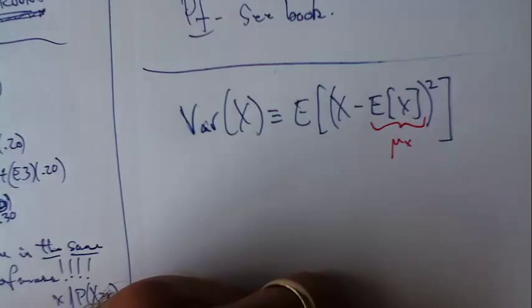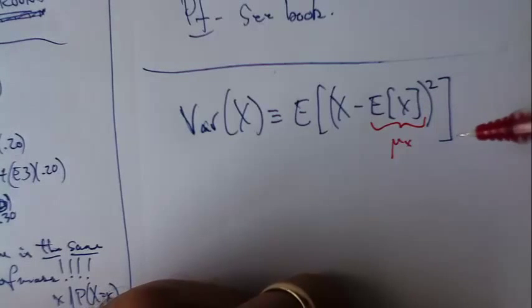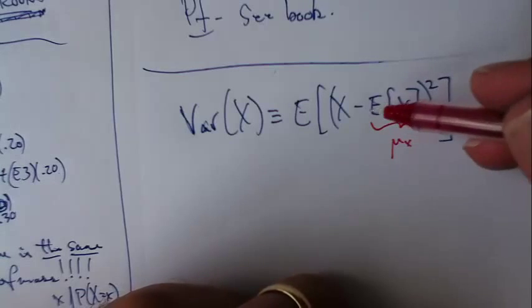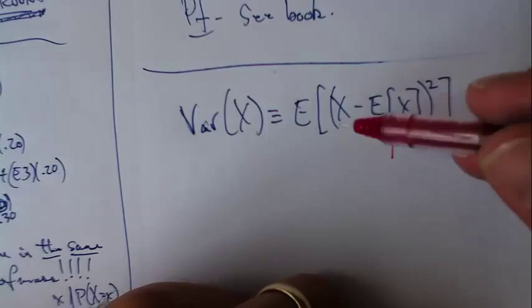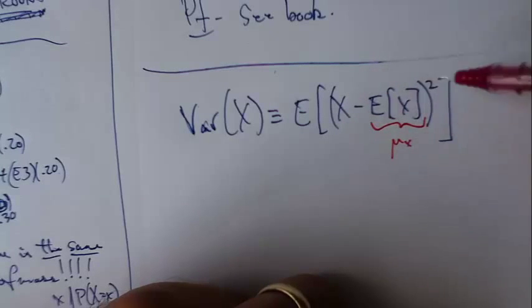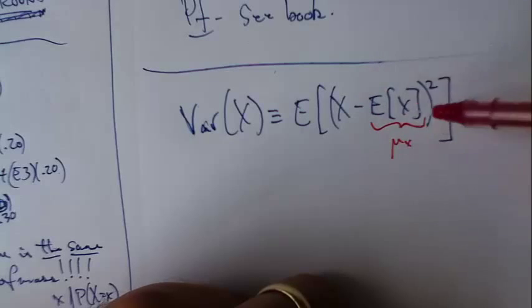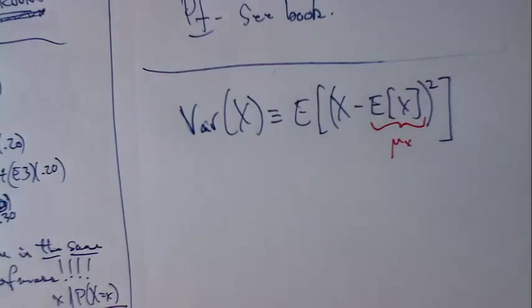Anyway, what is this? Boy, this is complicated. No, it's not so bad. If you've ever had physics, or even if you haven't, this is related very closely to a quantity called the moment of inertia of an object. Look at what this is doing. Let's draw a little picture here.